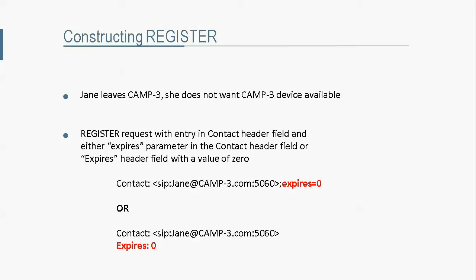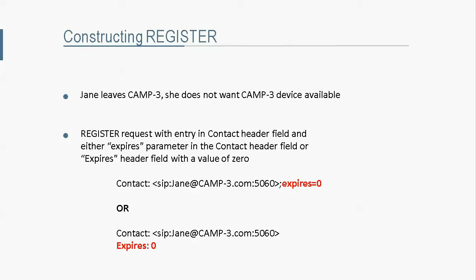The contact header field is not a mandatory header field. We know this from an earlier tutorial. We now know how the contact header field is used to add or remove contact addresses. Therefore, if we use a contact header field in our register request, we will either add or remove entries.